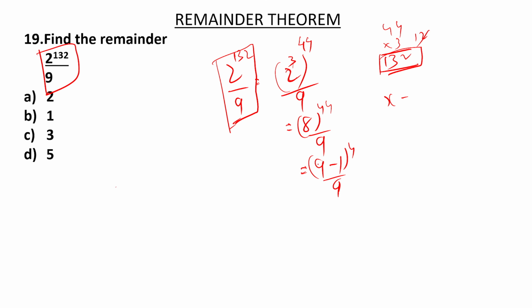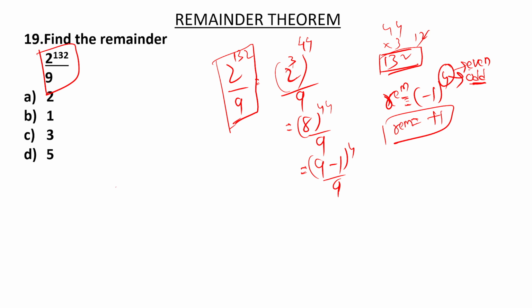Since there is 9 minus 1, we get the 8 value: 9 minus 1 whole power 44 by 9. Since we get minus 1 whole power 44, and the power is even, our remainder will be positive.